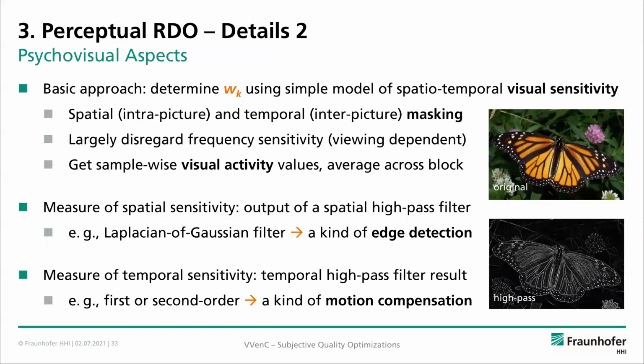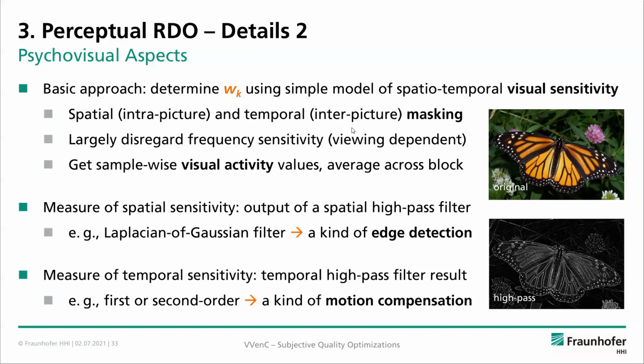Well, the most important part is a simple model of spatial and temporal visual sensitivity, because spatial sensitivity within a given picture, and temporal sensitivity, that is between pictures, tells us something about the masking properties for the given content.